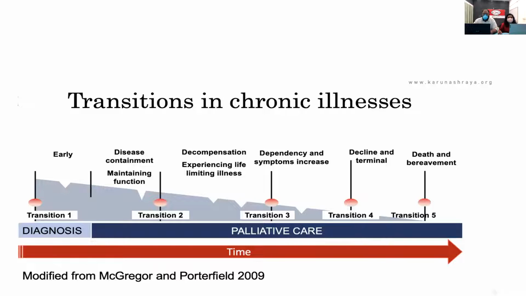So let's start with the visualization of a transition of a chronic illness. In the early phase, the disease goes into a containment stage where the patient will be able to maintain his functions.